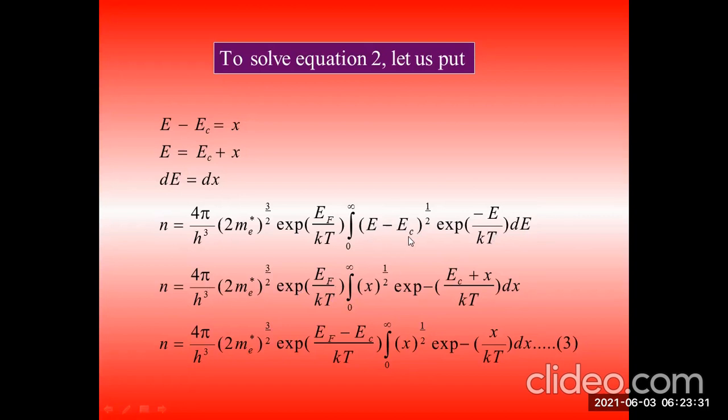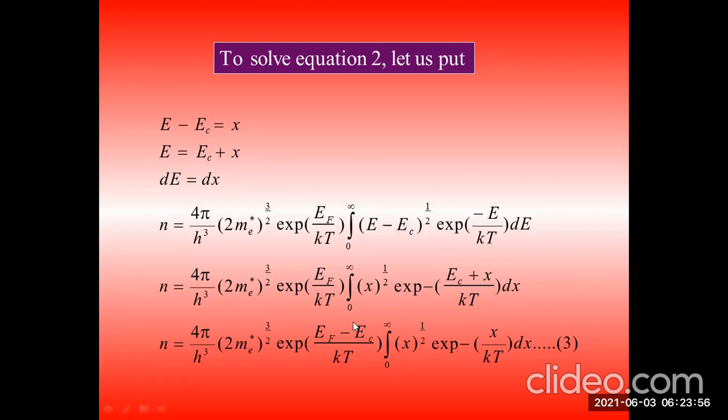E minus EC is X, so X to the power of 1 by 2 exponential of minus E by KT. What is E here? E is equal to EC plus X. So I can write exponential of minus (EC plus X) by KT into dX.